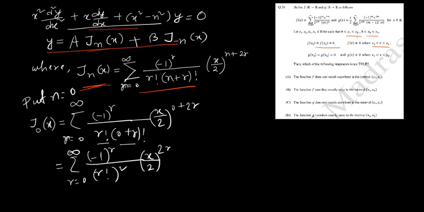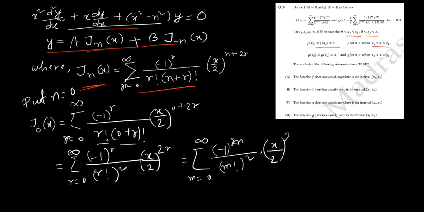If you replace r by m, then it is summation m equals 0 to infinity of (-1)^m by (factorial m) whole square into (x/2) to the power 2m.